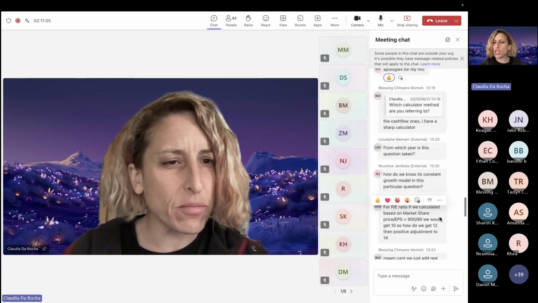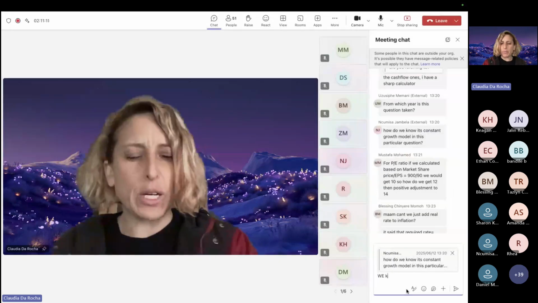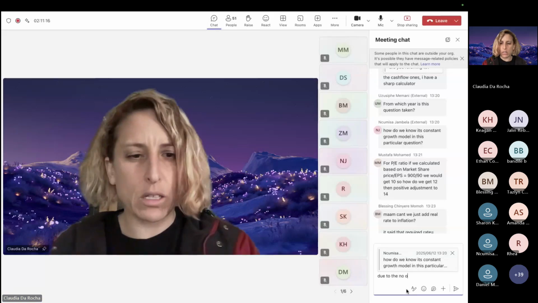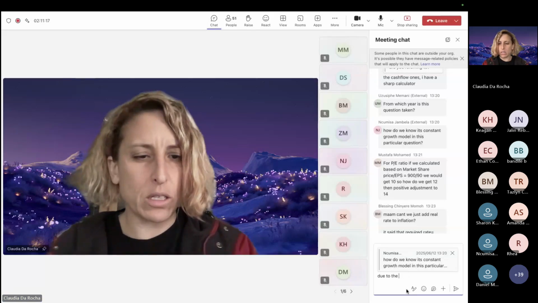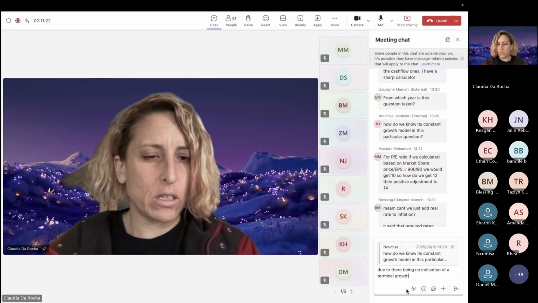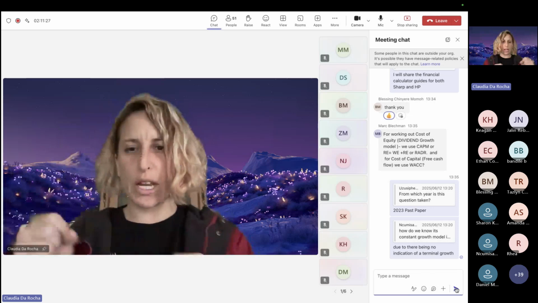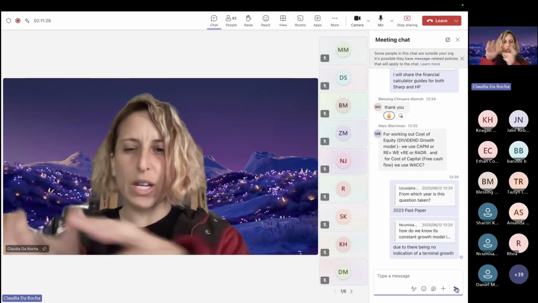Then, how do we know it's a constant growth model in this particular question? Because they're not really telling you about a terminal growth. When you've got a variable growth model, you have to have an initial growth period and a terminal growth period.